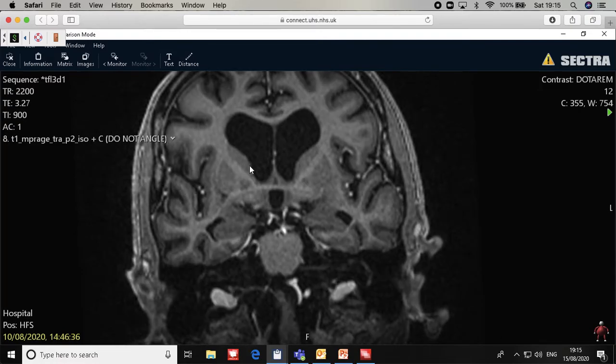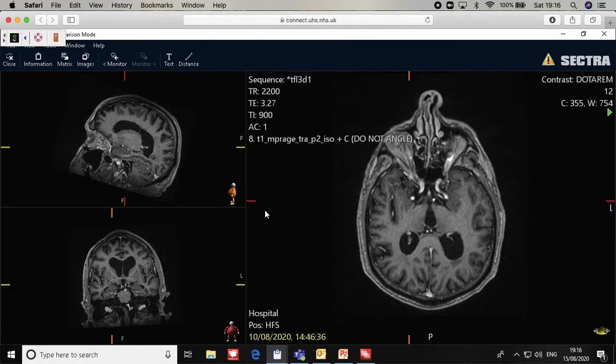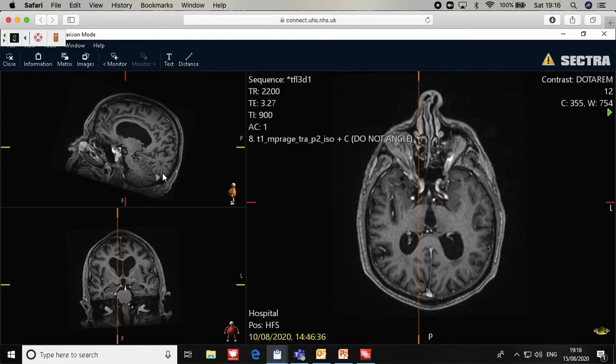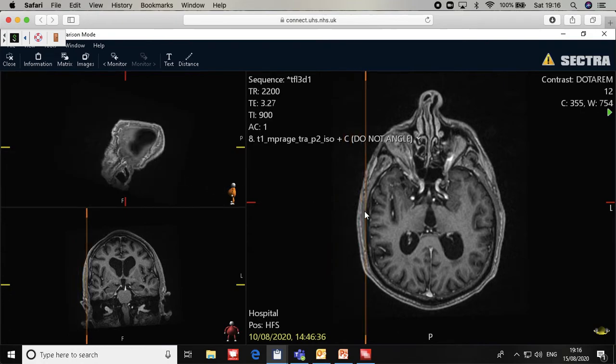Okay. This is easy, and the easiest way, as I just mentioned, is to look at the sagittal view with the axial view, and you try to localize it properly like that. So if you look at the sagittal view here, the temporal lobe, so we are in the temporal lobe here.